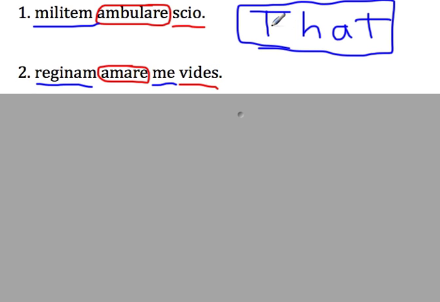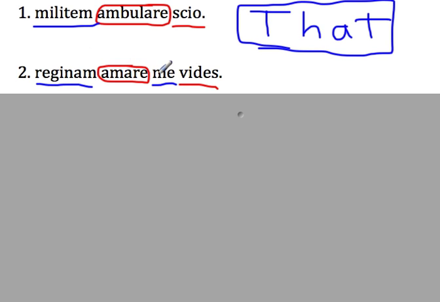Then we go to our first accusative, reginam, which means queen. We have our infinitive amare, which means to love. And we have our other accusative, me, which means me. So you see the queen to love me.